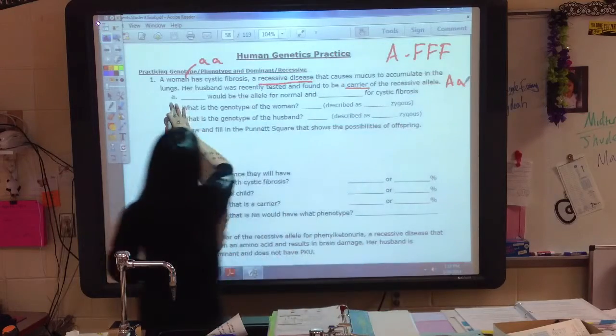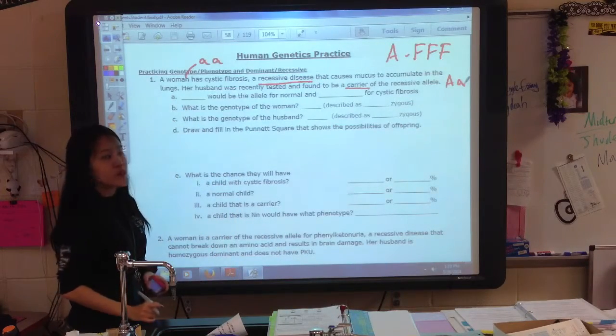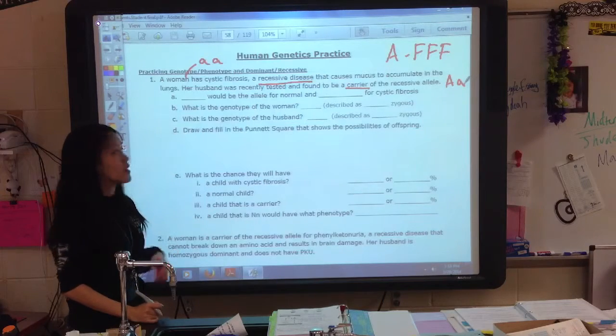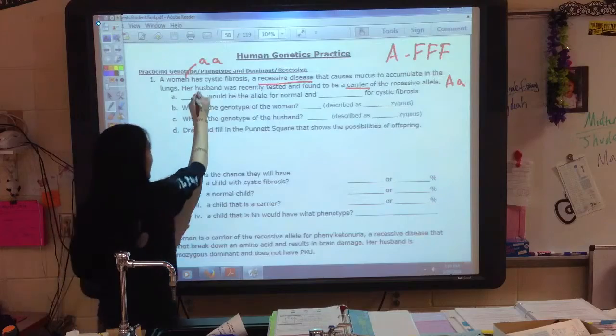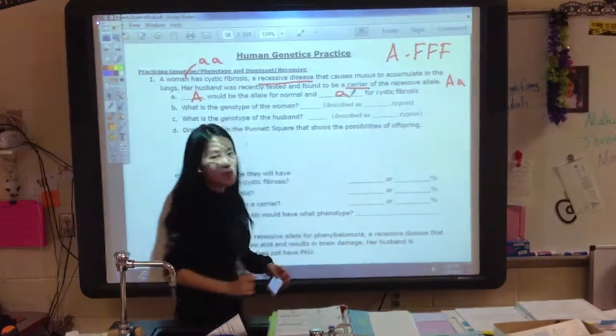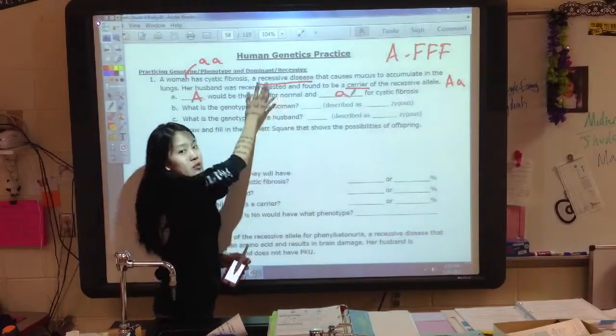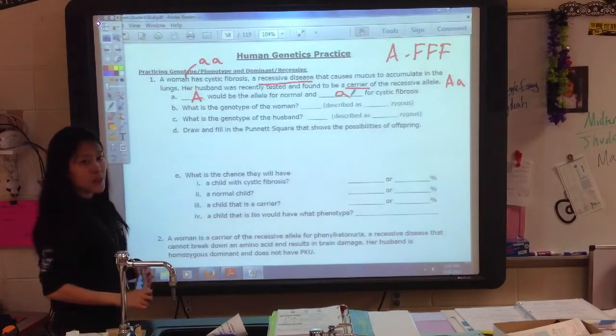So, in the first question, blank would be the allele for normal, and blank would be for cystic fibrosis. We want to use the letters here, the genotypes here. So big A means you're normal. Little a is for cystic fibrosis because it's a recessive disease. Then it says, what is the genotype of the woman?